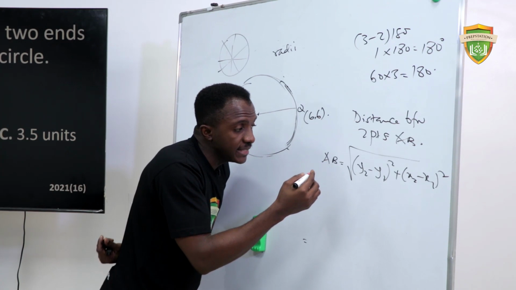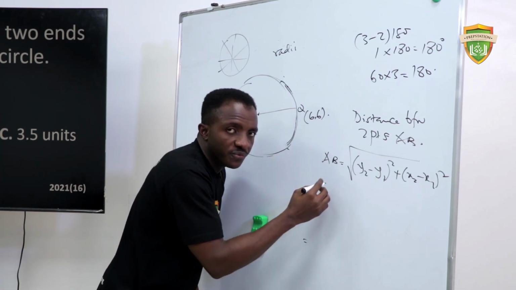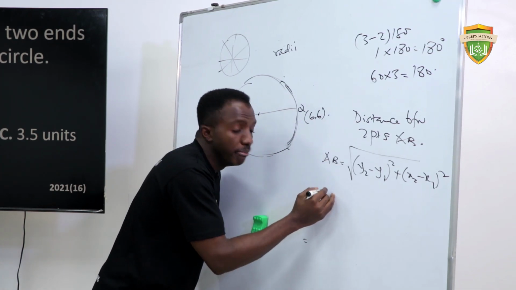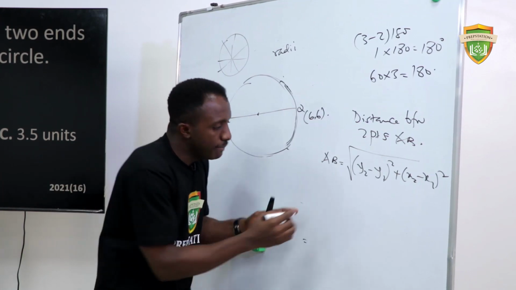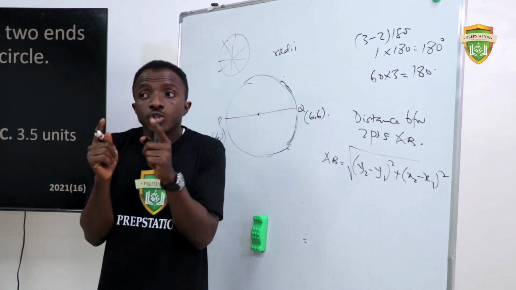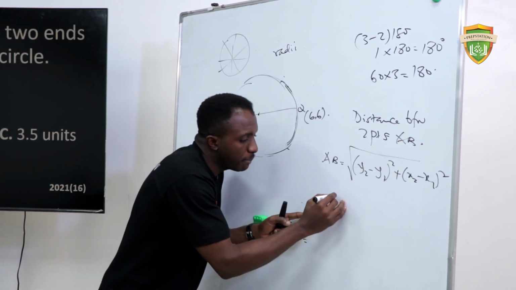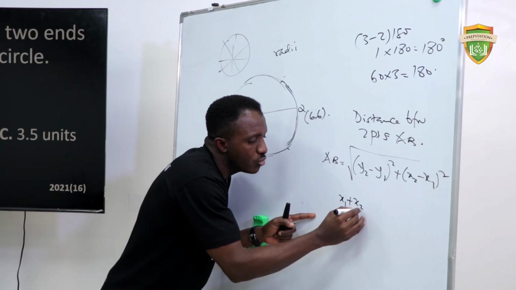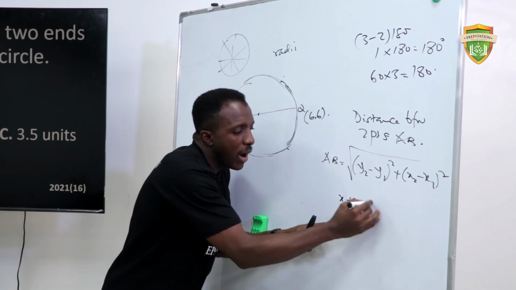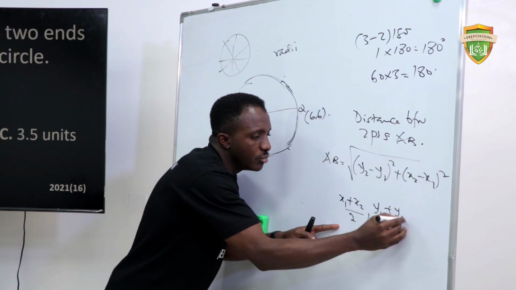Now I'll give you two other formulas. If you're told to find the midpoint of a line, the midpoint in coordinates is simply x1 plus x2 over 2, y1 plus y2 over 2.